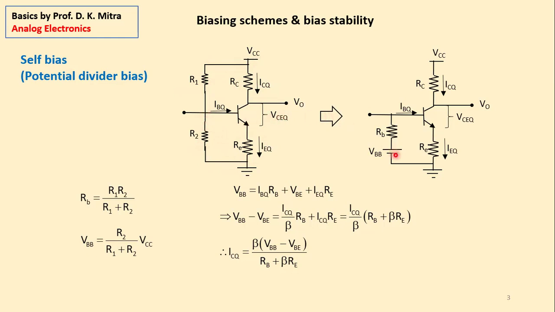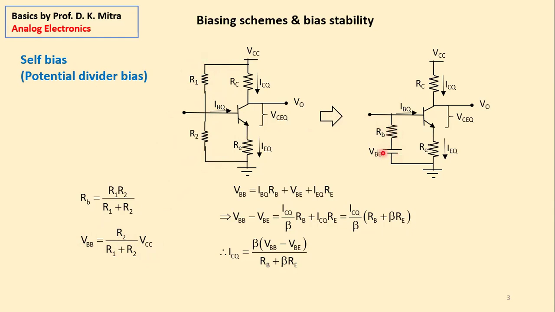So its equivalent circuit is here. The potential here, VBB, just by your potential divider circuit, VBB is equal to VCC divided by R1 plus R2 multiplied by R2. This is the VBB value. Now, for theoretical calculation, this potential divider can be replaced by its Thevenin equivalent here, a potential source VBB with a resistance RB.